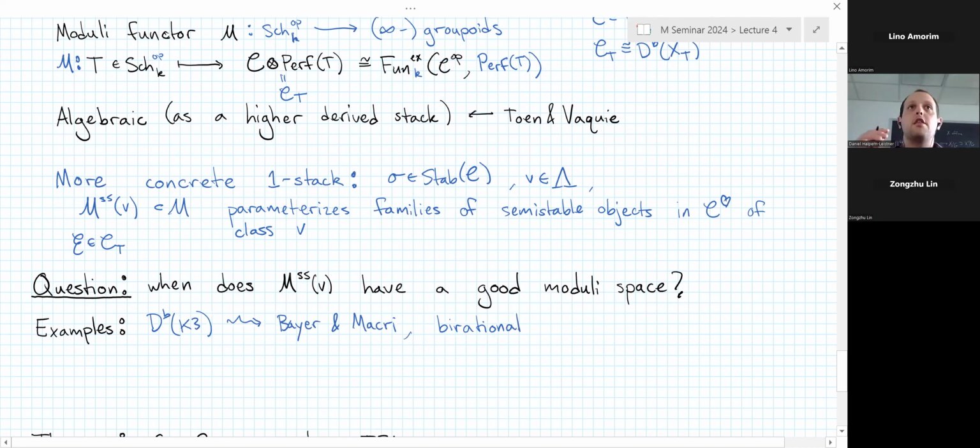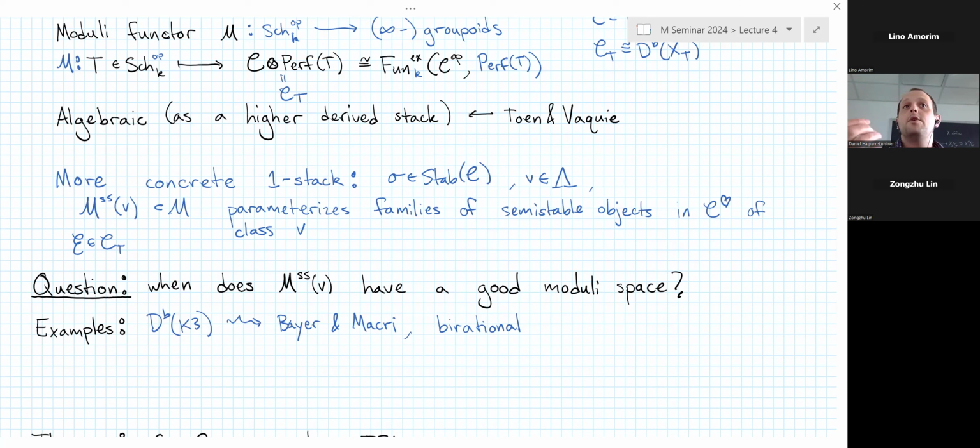For D^b of a K3, this moduli functor of semistable objects for a generic stability condition will just be a hyperkähler variety if v is a primitive class. For some of these stability conditions, the variety just corresponds to the moduli of stable sheaves on the K3 surface, which is a very commonly studied class of hyperkähler manifolds.